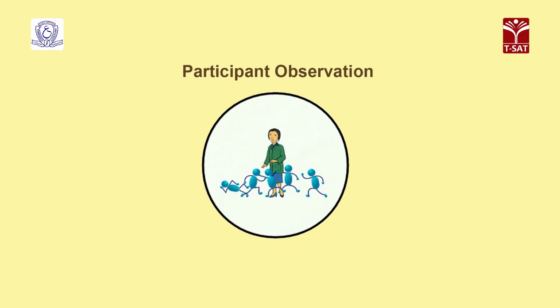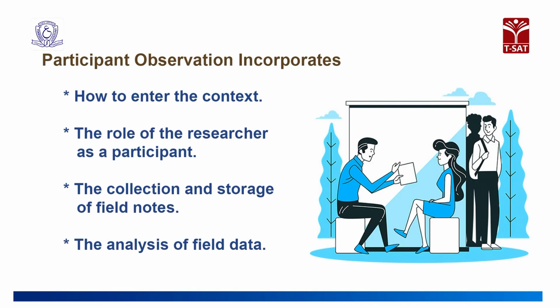It requires that the researcher become a participant in the culture or context being observed. Participant observation incorporates how to enter the context, the role of the researcher as a participant, and the collection and storage of field notes and the analysis of field data.